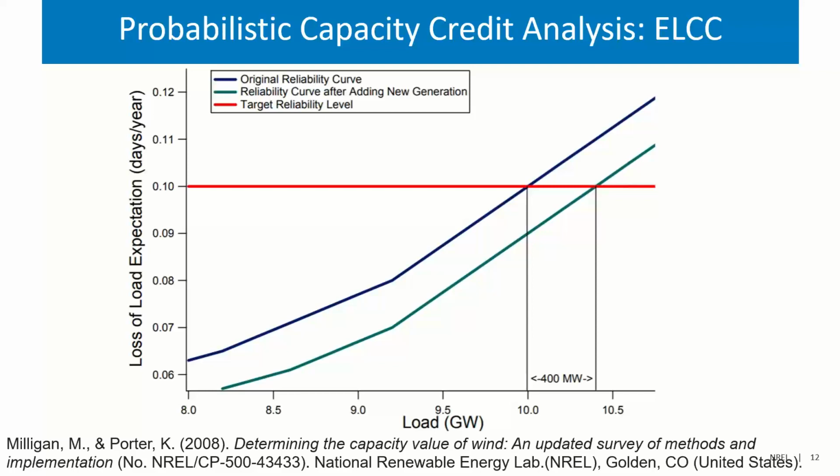Now your reliability curve shifts a little to the right, and your system becomes more reliable. What you're trying to do is achieve the same reliability target after you add your new generation unit. So the amount of added load that you could add to the system is your capacity credit. In this specific example, we can say that the capacity credit is 400 megawatts for this added new unit.